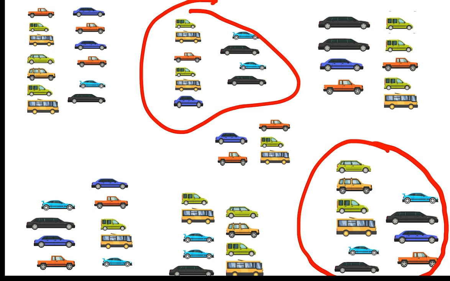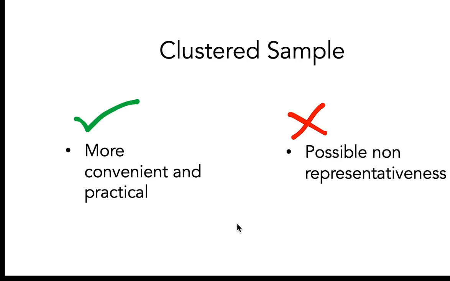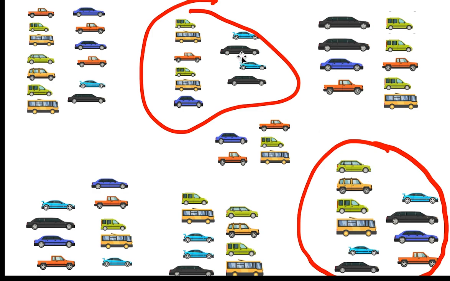Cluster sampling can be more convenient and more practical than simple random sampling. However, if the clusters are different from each other with regard to the elements that we're measuring, it can lead to bias or non-representativeness. For example, here we have all these black cars when in reality the population is really little cars, just to put an example.